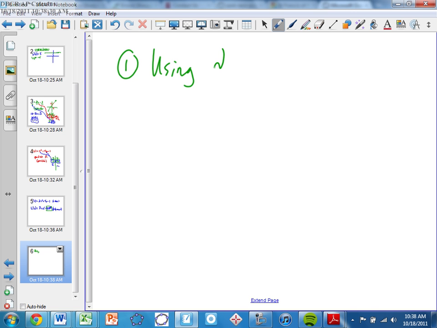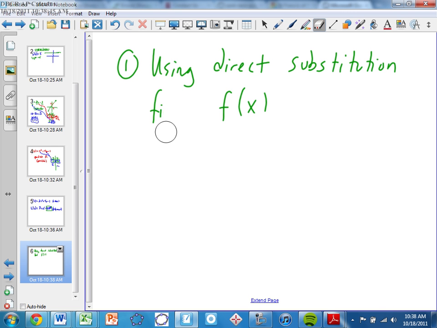Using direct substitution, evaluate f of x equals. These are the kind of problems that you'll see on the SAT, guys.